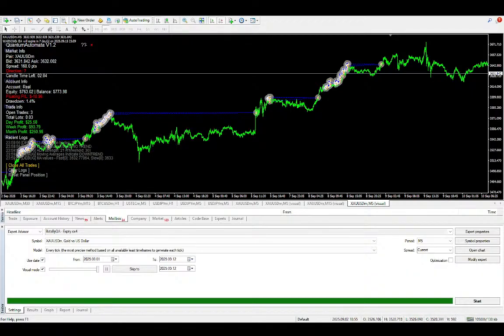So we have the market info, the account info, the trade information, and the log. Now, this close trade button wasn't working initially, but we've worked on it, and currently you can click on it to close all the running trades. You can even put it anywhere just to monitor what you're doing, but once you click on it, it closes all the trades. But let me put it back here. So basically that is one of the developments we have.